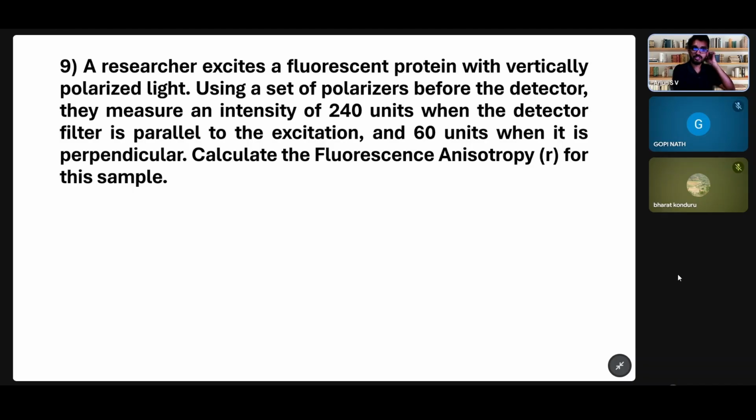I can give you a hint probably. So the anisotropy is obviously less than 1. So that will be the hint.